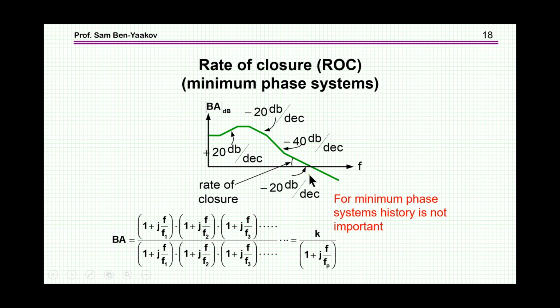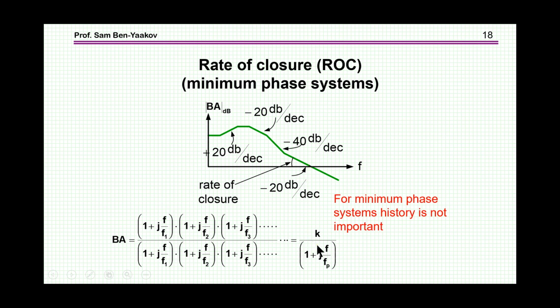And you know that since you got already to this behavior of 20 dB per decade, this means the phase shift at maximum will be 90 degrees. And if this phase shift is 90 degrees, then the phase margin will be 90 degrees, because 180 minus 90.